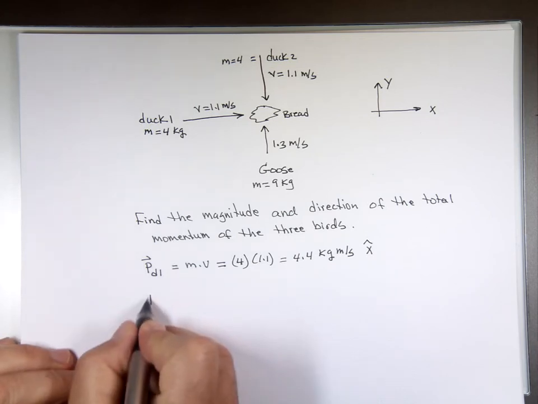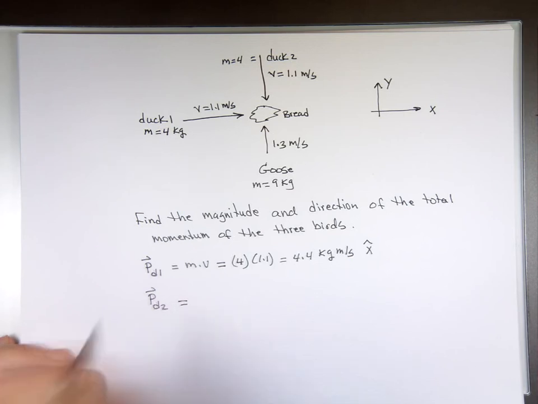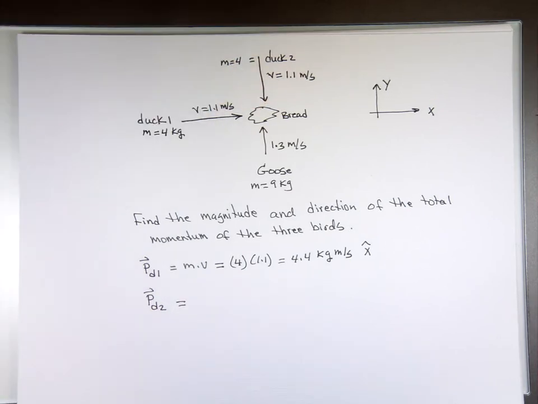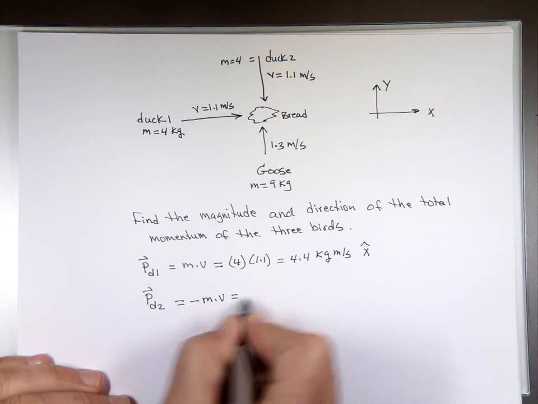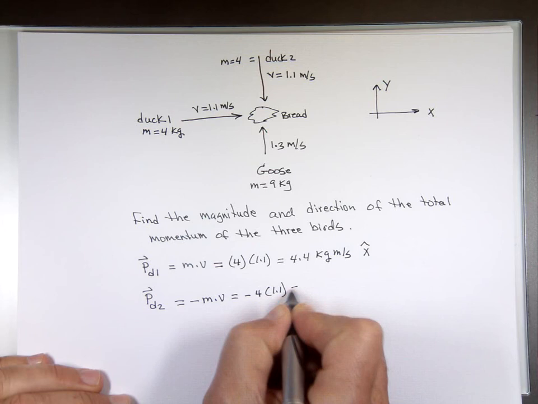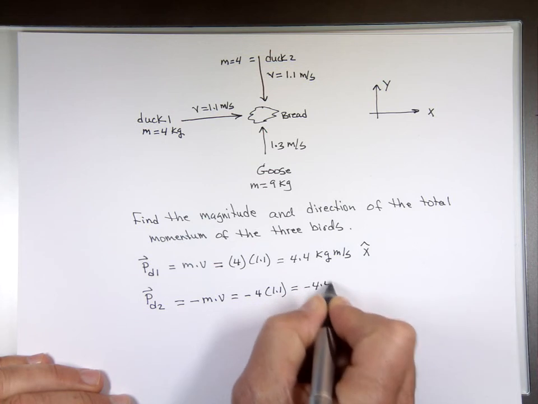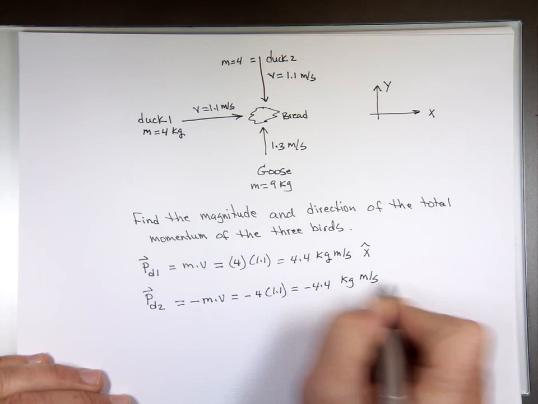The linear momentum for duck 2. Duck 2 is coming down this way. Is that positive or negative? Negative. Mass times velocity, in the y direction.